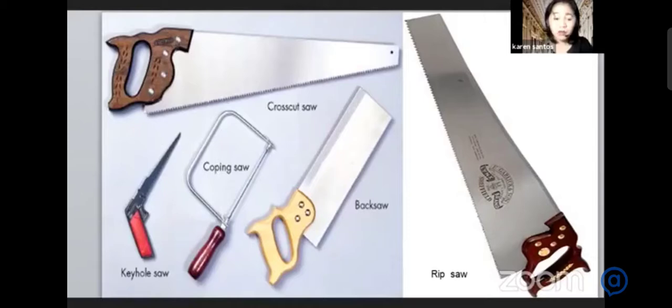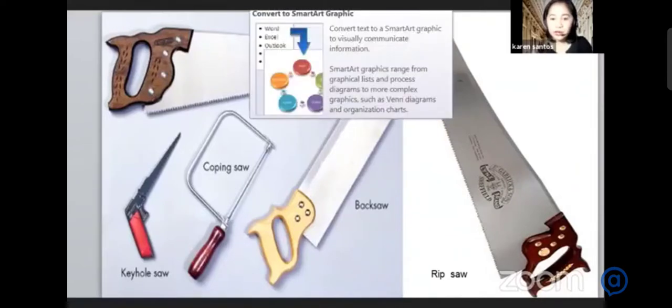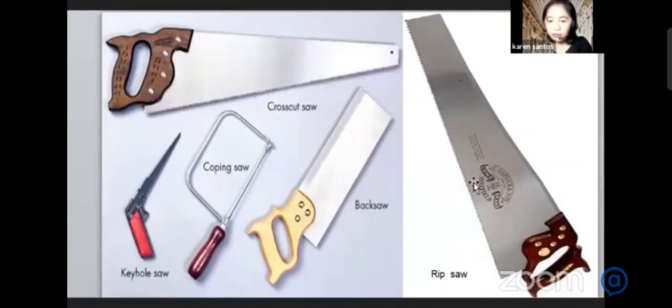And then rip saw, it is designed to cut along the parallel grain. And then cross-cut saw, designed for cutting the wood across. Ayan. So minsan marami nagkakamali at nalilito sa rip saw and cross-cut saw. So ang difference lang ng dalawa ay andito sa teeth or dun sa ngipin ng saw.